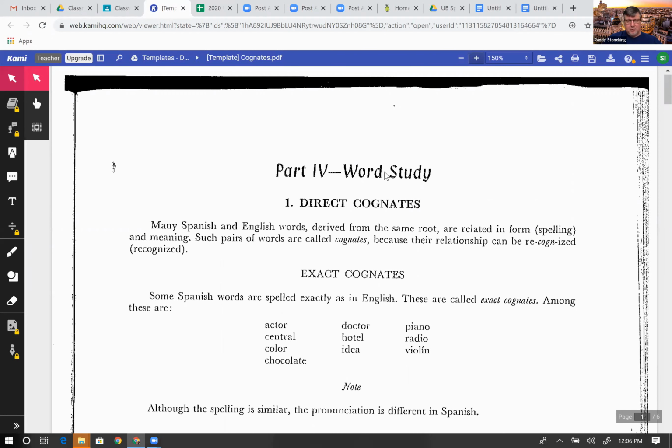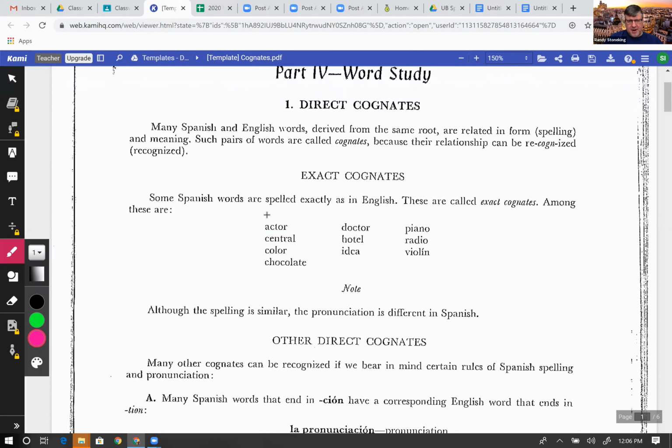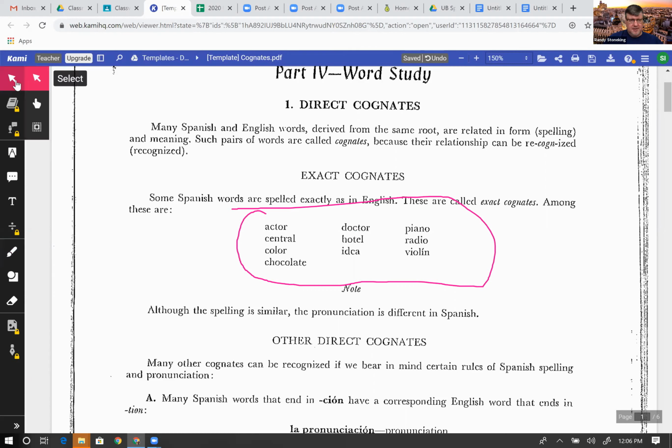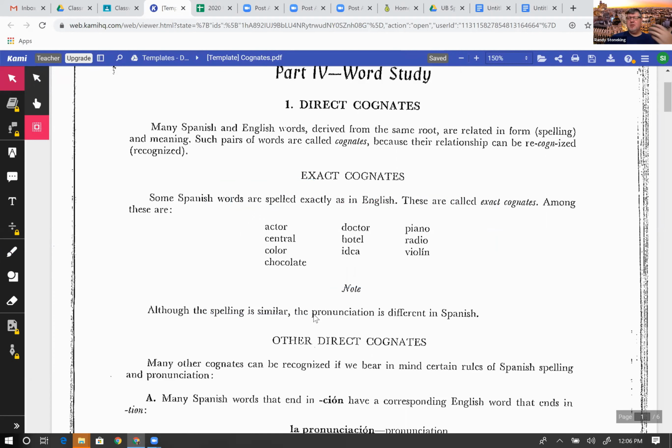For example, these words that we're seeing right here, let me find the highlighter. These are all words that are, yes, English words, but they're also Spanish words. They're, in fact, the exact same word and mean the exact same thing. They're spelled the same, they're just pronounced differently.